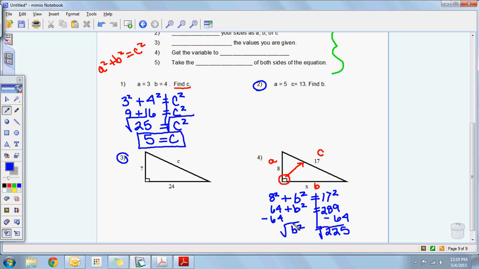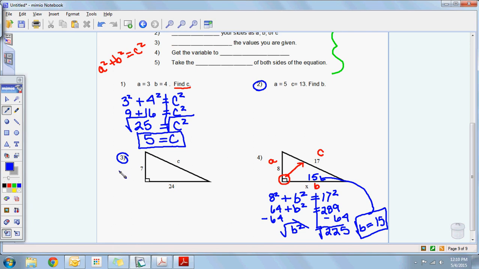Okay, so these cancel out. B is equal to square root of 225, you should know, is 15. Alrighty? So that's how you use the Pythagorean theorem to help you find the side of a right triangle. So that would mean that this side right here is 15 feet, inches, whatever, long. Okay?